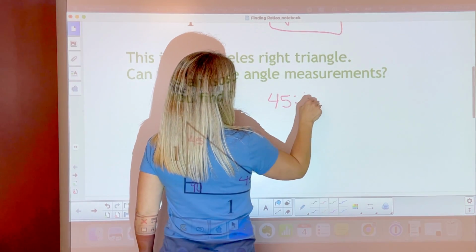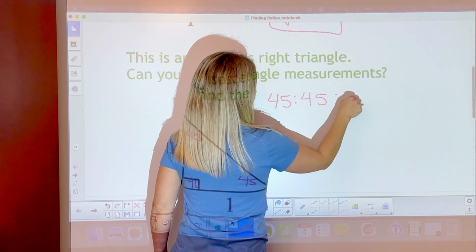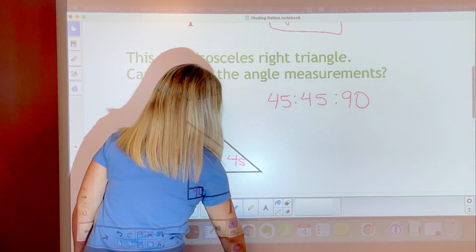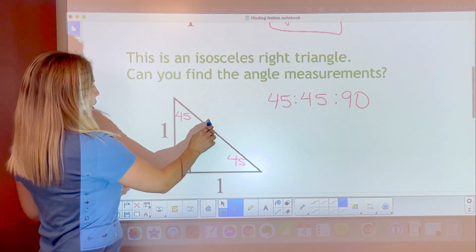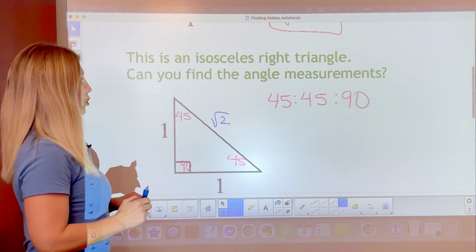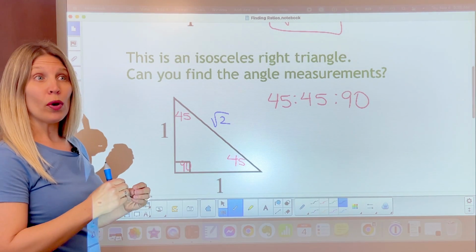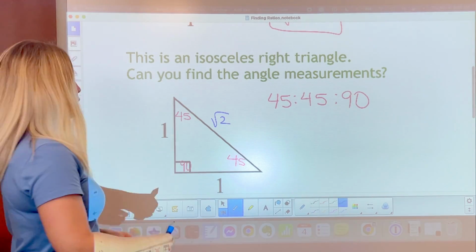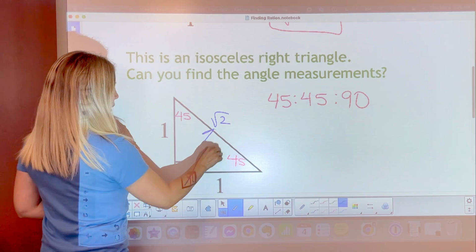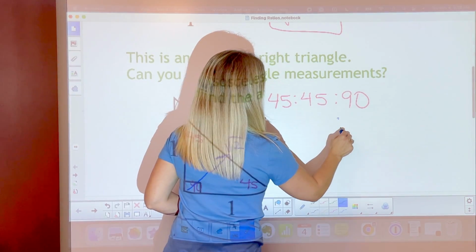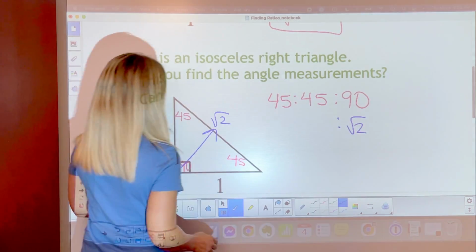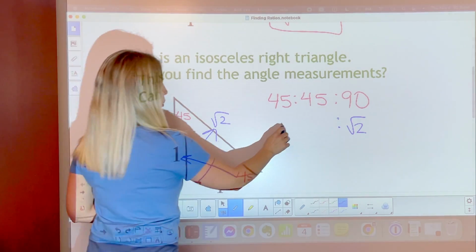45, 45, 90. You want to write this down. This is super important. And then we knew it's 1, 1, and then we found out this side was square root of 2. So then you put your ratios that go with the angle across from it. So the 90 goes with the square root of 2. Then the 45 goes to the side with a 1.